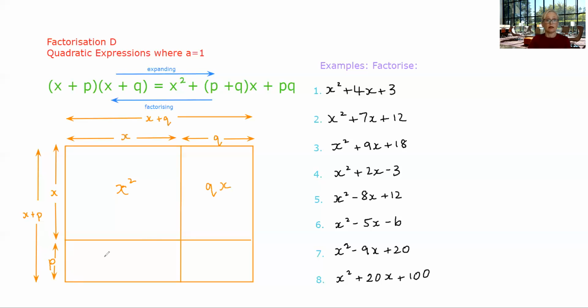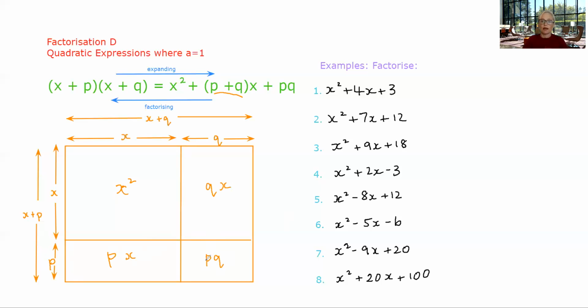This area here is p times x. And this area here is p times q. So when you add all those up, you end up with x squared plus px plus qx plus pq. Now this p plus q lots of x here is just putting those two like terms together.